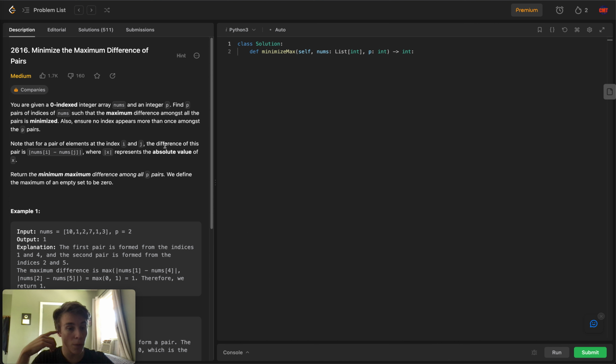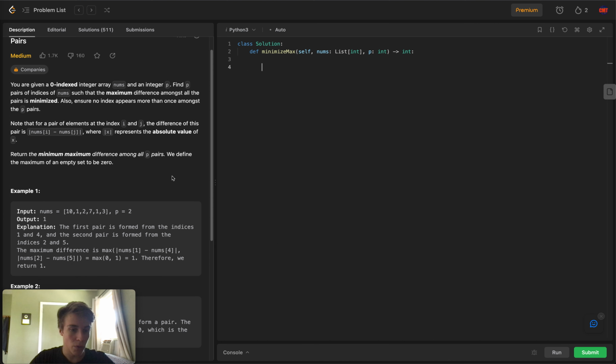Note that for a pair of elements at index i and j, the difference of the pair is the absolute value of their difference. Return the minimum maximum difference amongst all p pairs we defined. The maximum of an empty set is defined to be 0. Okay, so we're given some more additional information.